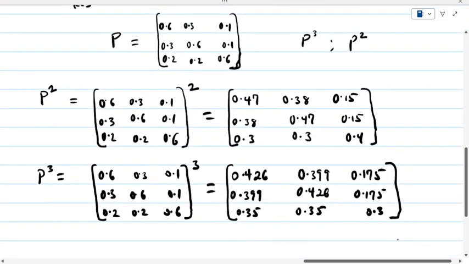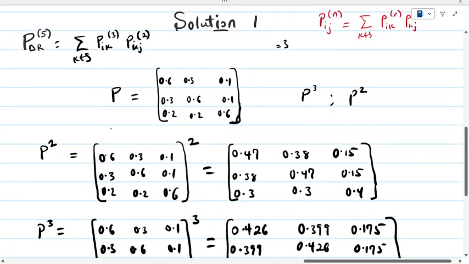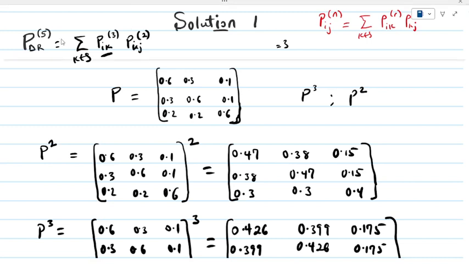Okay, so taking this formula I'm working with, I only need the... let me write this.